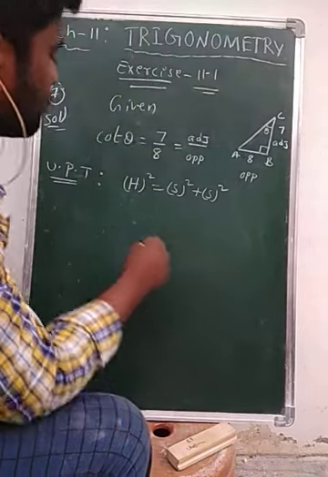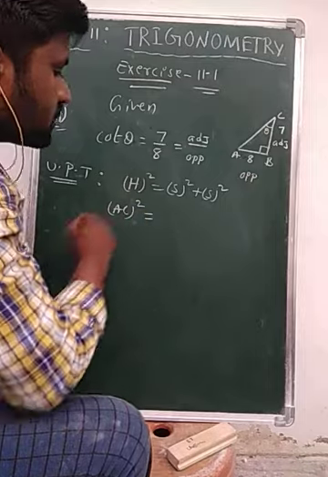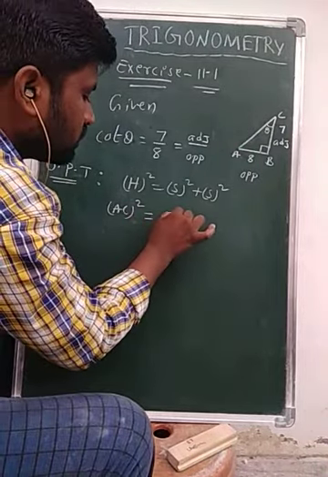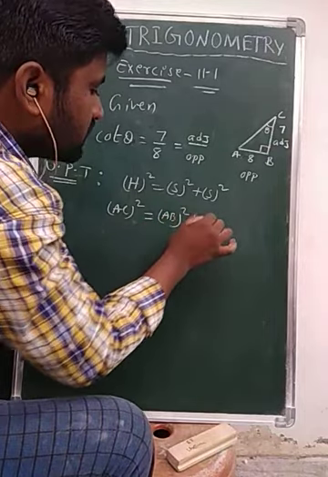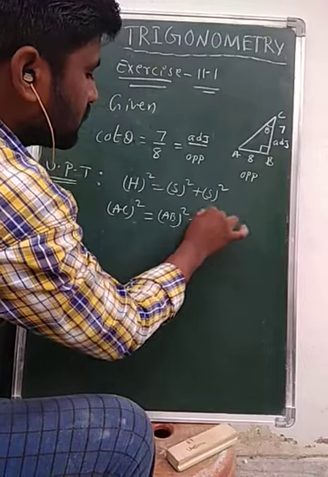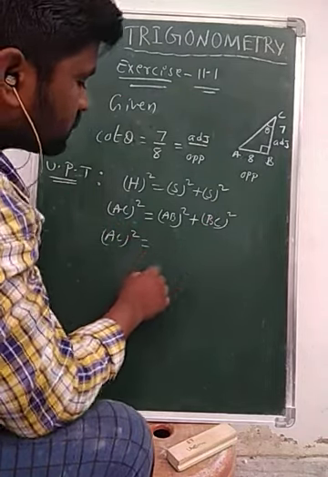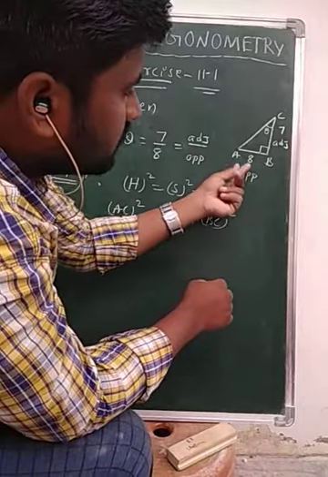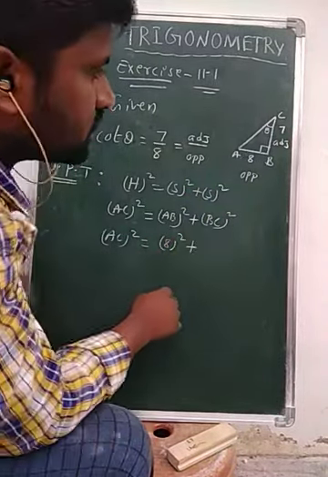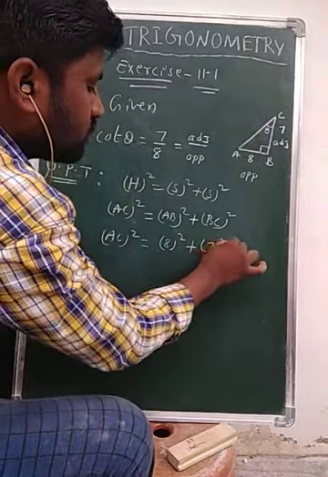So AC whole square is equal to AB whole square plus BC whole square, that is 8 whole square plus 7 whole square.